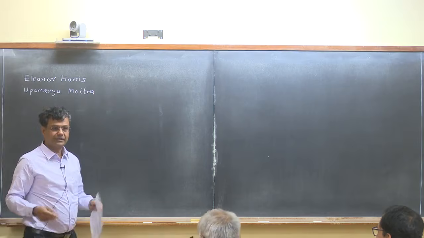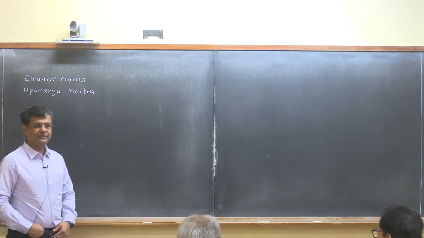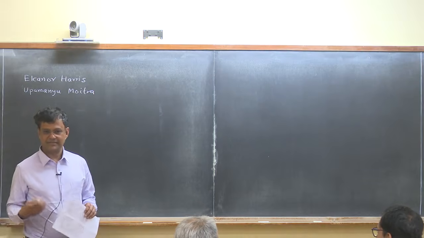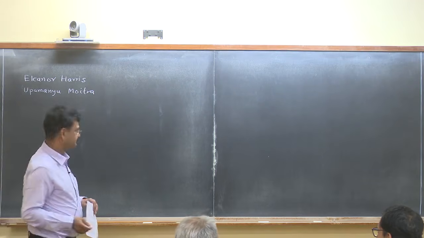first of all, I will explain what edge modes are in quantum field theory, and then I will talk about edge modes in string theory and why it is interesting.